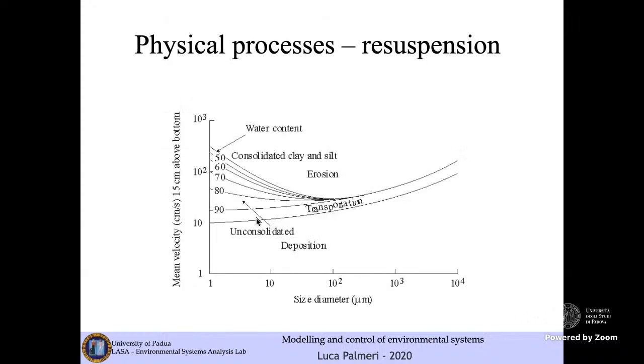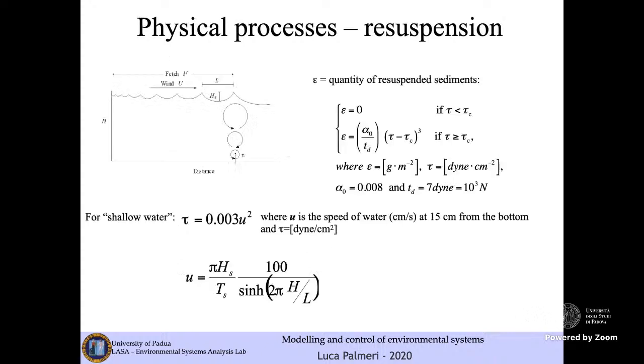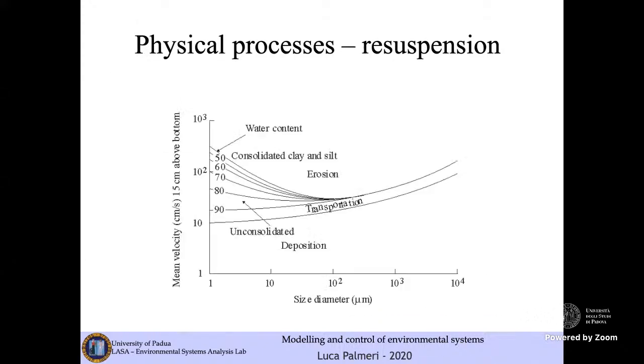In particular, from experimental observation, we may find relationships between, for example, the mean velocity at 15 centimeters. So this is the velocity u here, the velocity that is generated by the gyres that are generated by the waves that are generated by the wind blowing on the water surface.